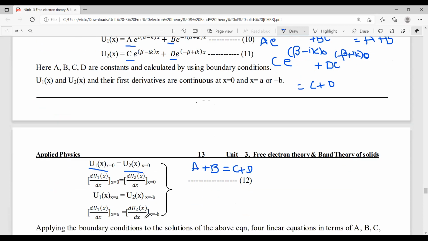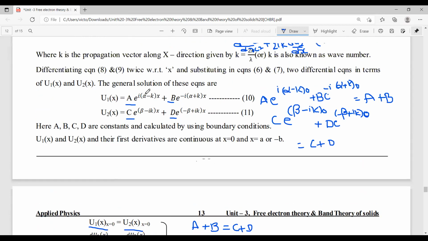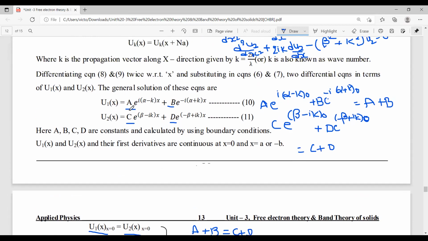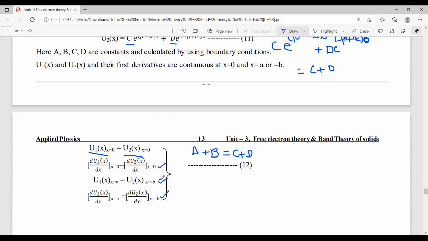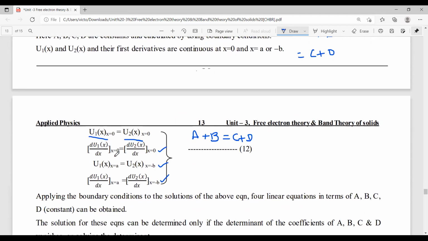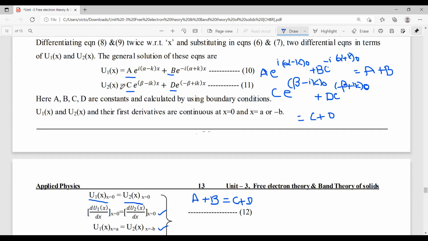In the same way, follow the other conditions also. That means differentiating equation 10 and substituting the x value as 0, and again differentiating equation 11 and substituting the x value as 0.